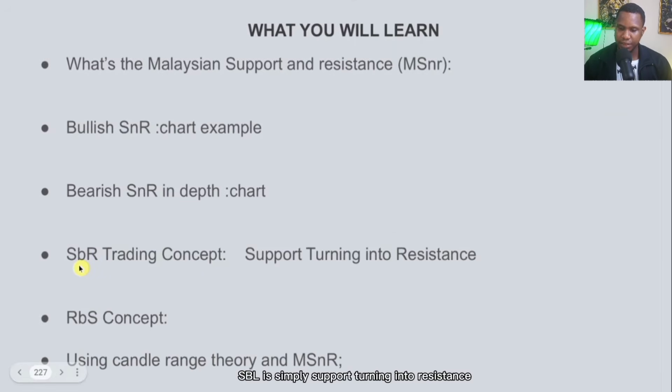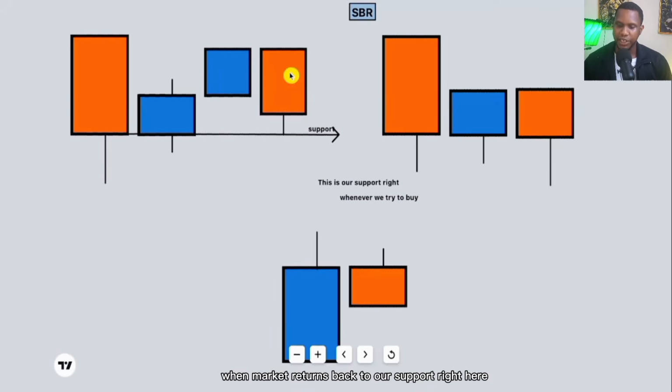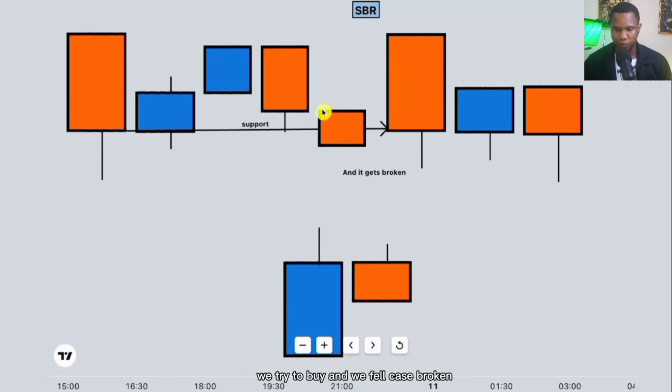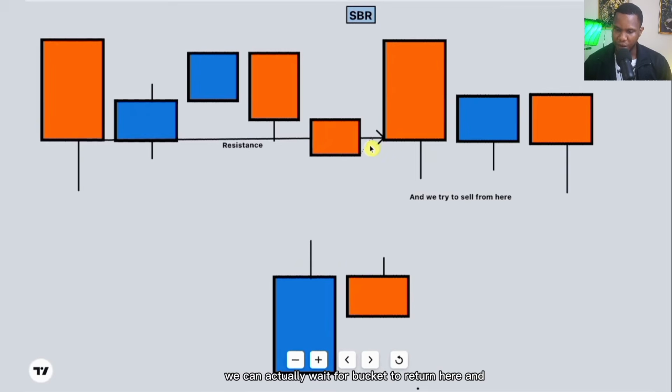SBR is simply support turning into resistance. This is our support right here to trade from. When market returns back to our support right here, we try to buy and we fail, it turns into a resistance zone. We can actually wait for market to return here and we sell to the downside.